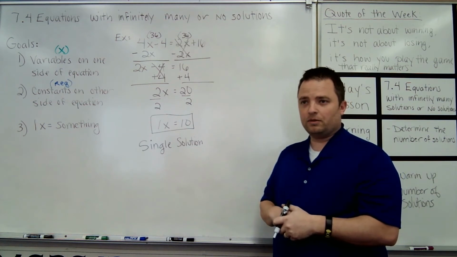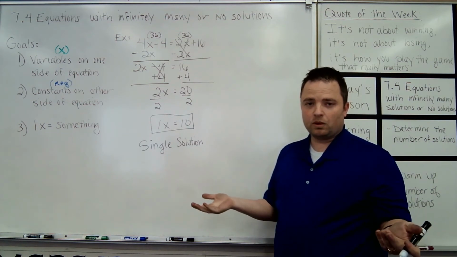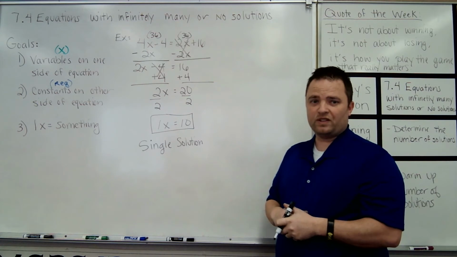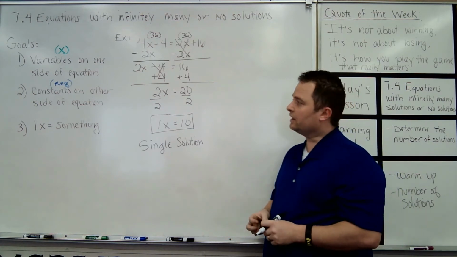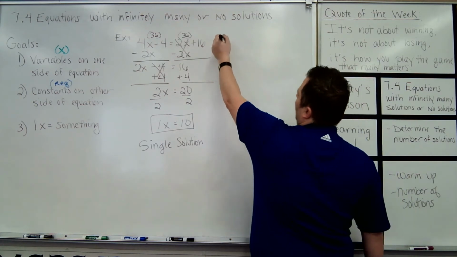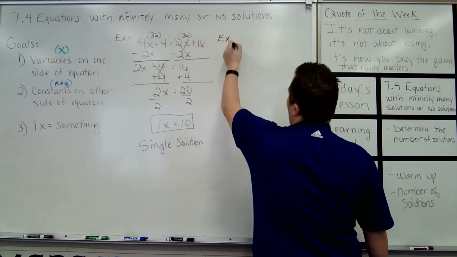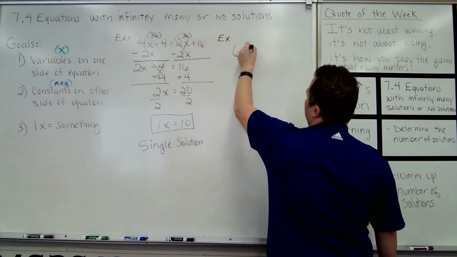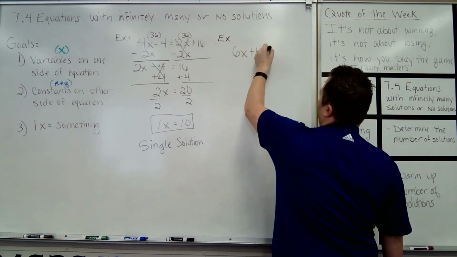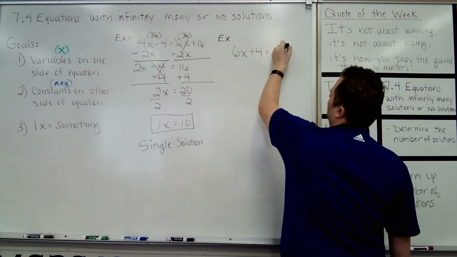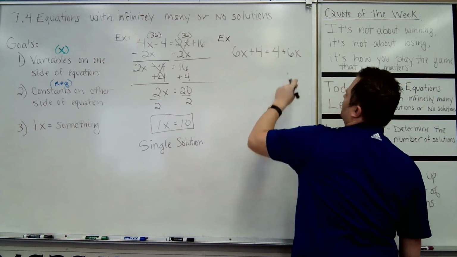But is there a possibility where there's more than one x that could work? Is there much more? What if there's none? Let's take a look at some examples. Okay, let's just say I have 6x plus 4 equals 4 plus 6x.